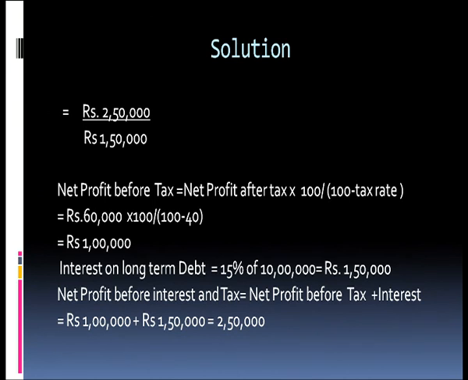Therefore, net profit before interest and tax would come out to 2,50,000, that is net profit before tax plus interest, which equals 2,50,000. So now we are ready to calculate our interest coverage ratio, which is 2,50,000 divided by 1,50,000.